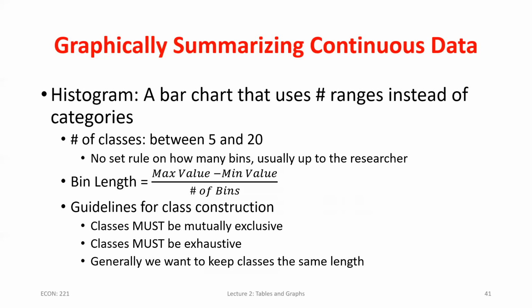They need to be exhaustive, in that I'm counting every single observation at least once. So a good example I like to use is income, because let's say I said how many people make between 0 and 50, 50 and 100,000, 100 and 150, 150 and 200, 200 and 250, and I stop. Well, there's people making ridiculous amounts of money, over $200,000, who aren't going to be counted in any bin, right?